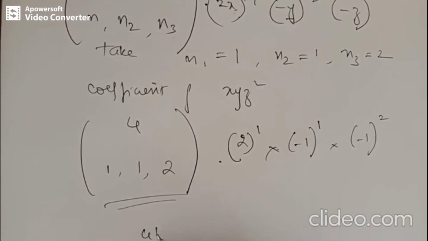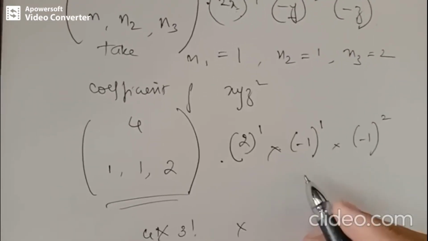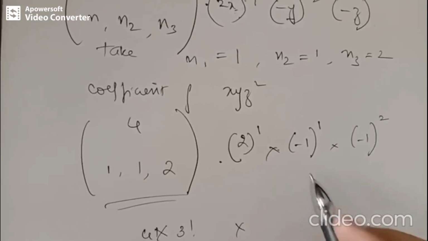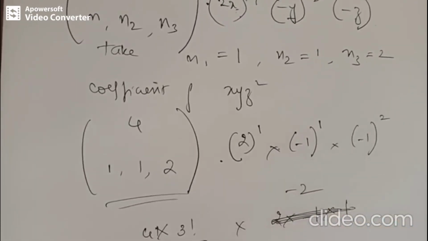So I can split this as 4 into 3 factorial, wherein 2 factorial gets cancelled. Here, what will this term be? This term will be 2 into minus 1 into 1, which is nothing but minus 2.